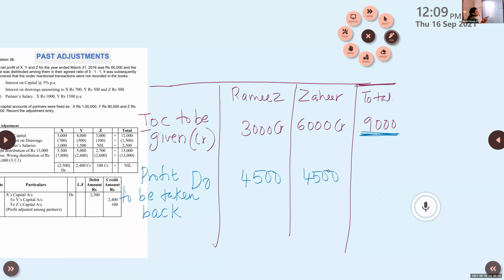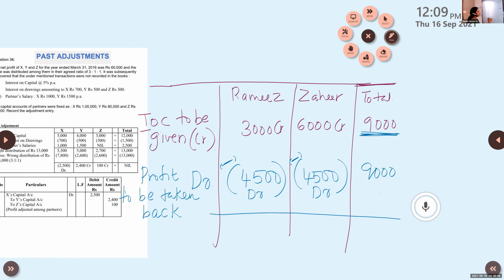To show it as debit, you can give a bracket, or show it as deducted with a minus, or write debit. These are different techniques you can adopt. Again, total is 9,000. First you showed what should be given. IOC should be given, so it is credited. Profit should be taken back, so it is debit.